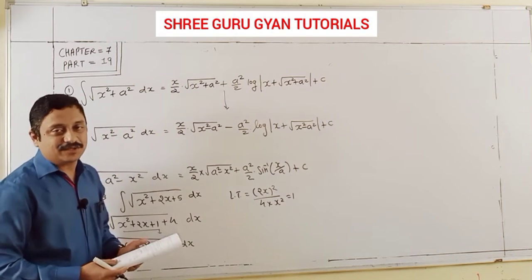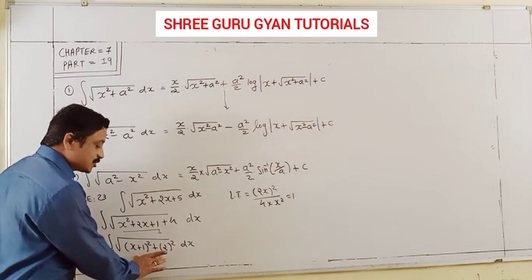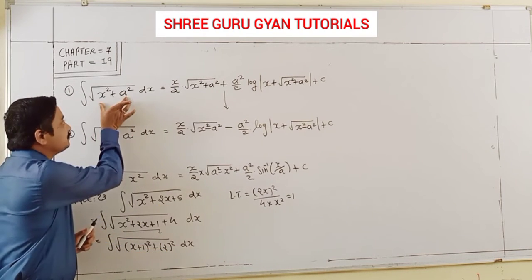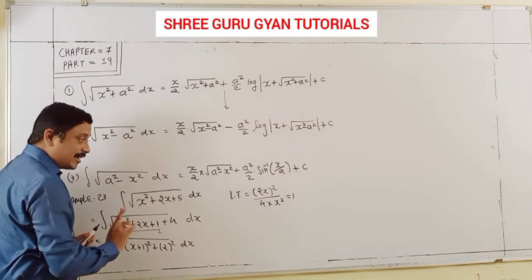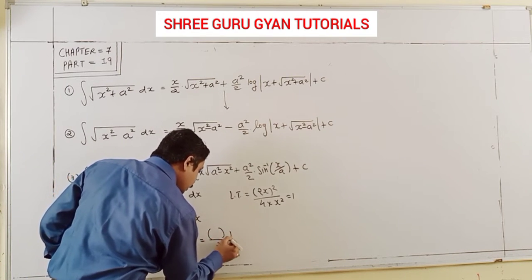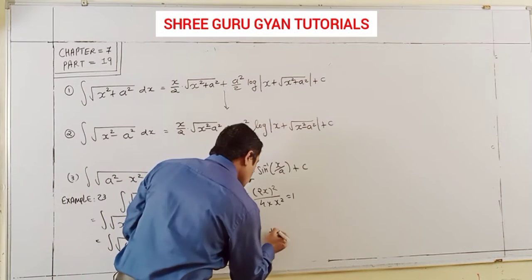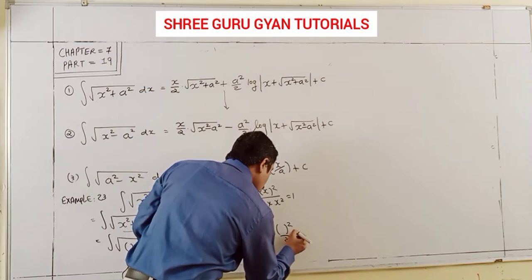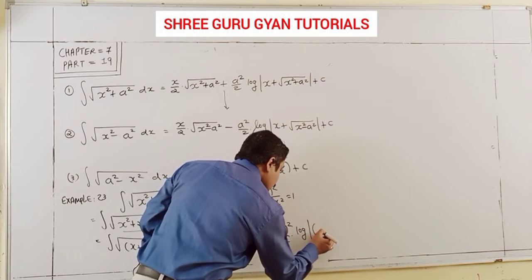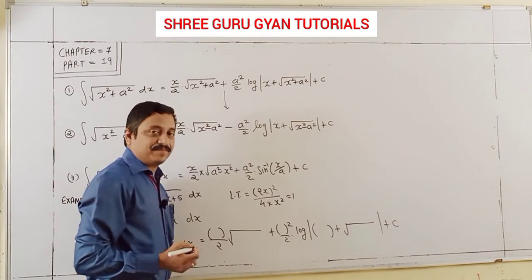Now look, students, which formula is applicable? Yes, variable square plus constant square. Here I apply the rule x by 2 under root, plus a square by 2 log x plus under root, plus c.